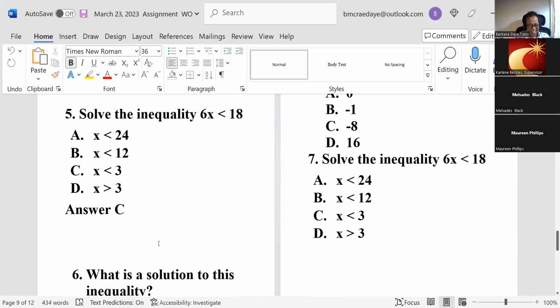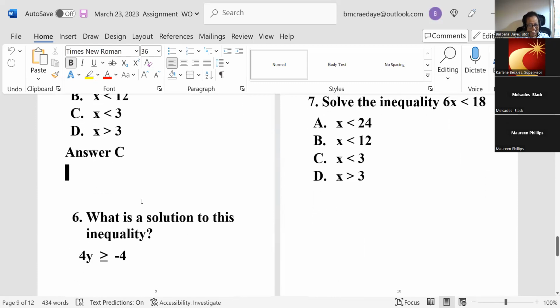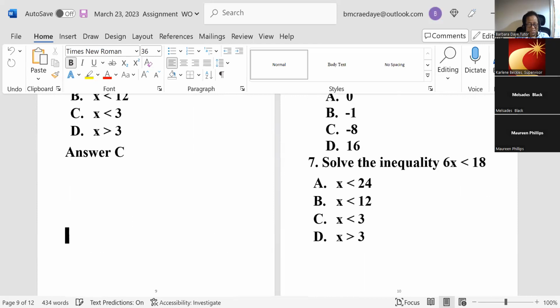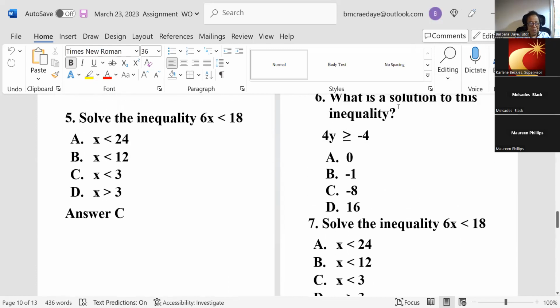I said it was 5, so I left it out. When I start to do 7, I look and say, oh boy, this is C. That was unintentional.